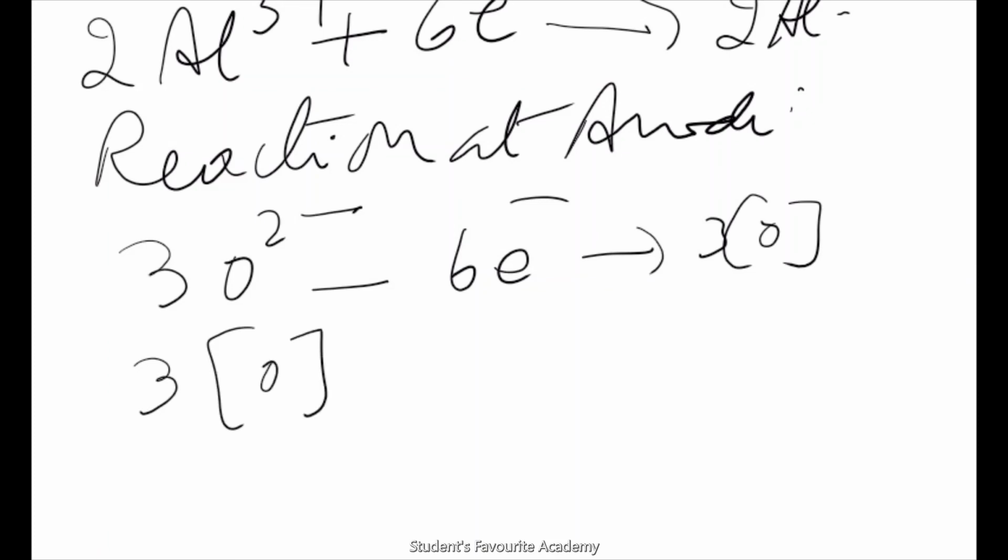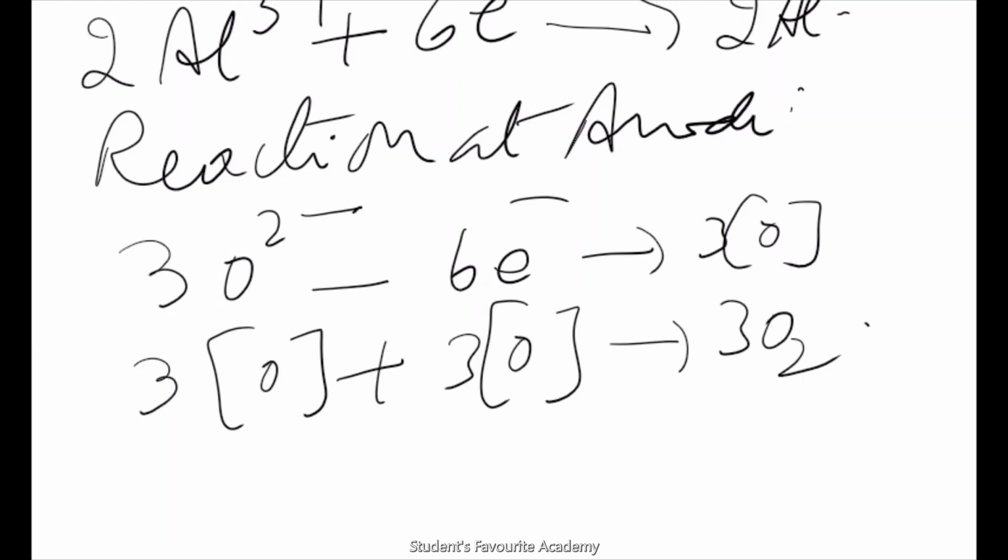These 3 neutral oxygen atoms combine with 3 more neutral oxygen atoms forming 3 oxygen molecules. So this is how electrolysis is used in metallurgy.